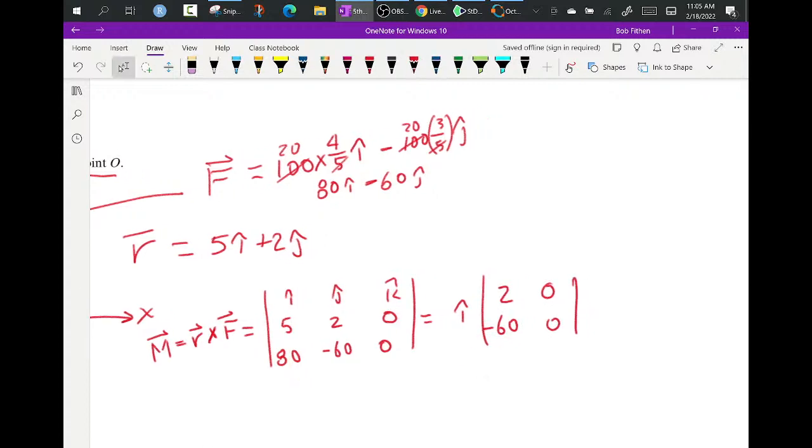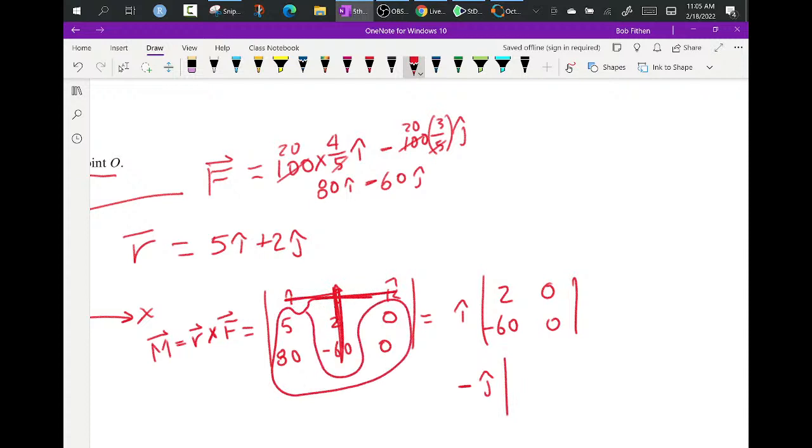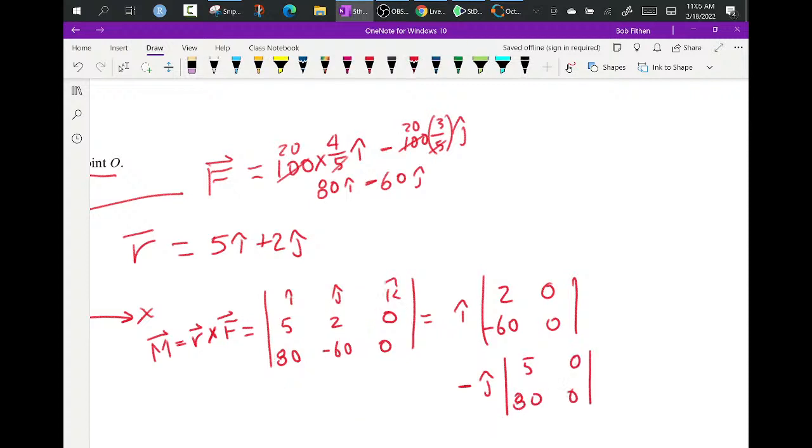Now I'm going to list them below it, taking the cofactor expansion, taking this one out, and this one, taking the matrix as this, and listing it here, 5, 80, 0, and 0.